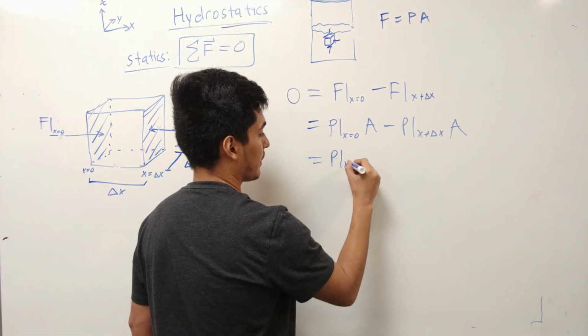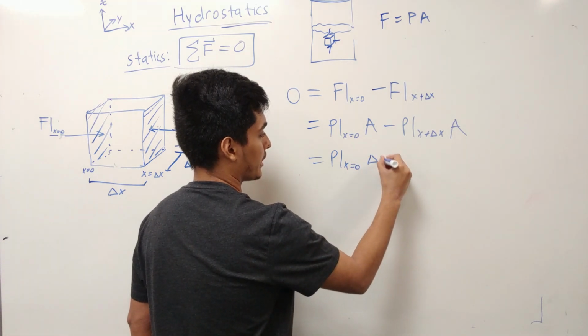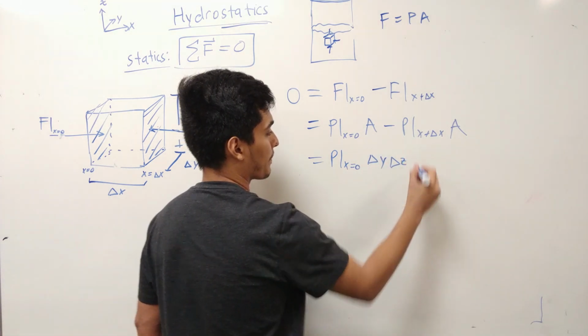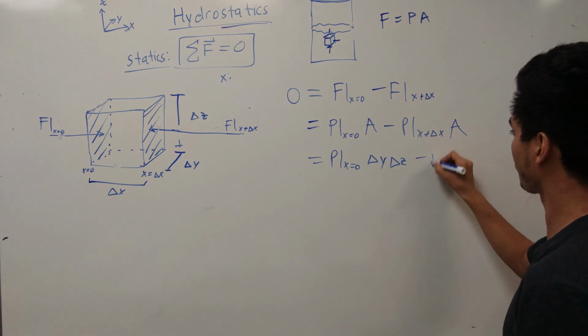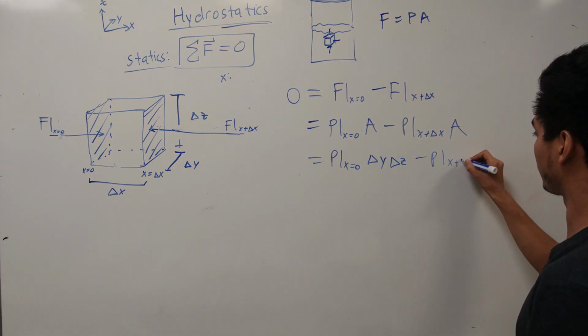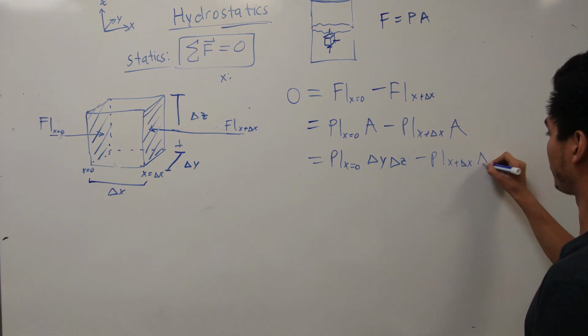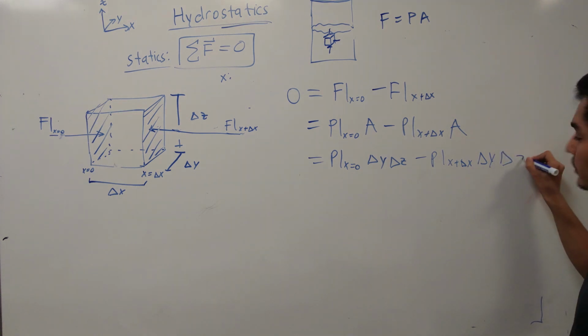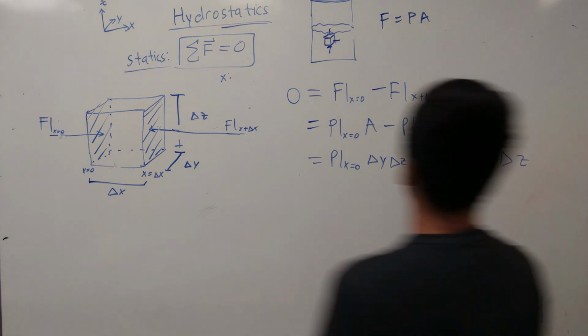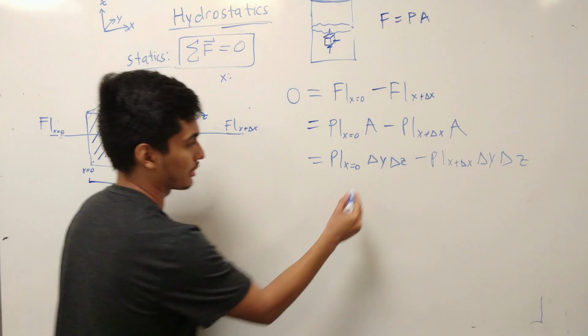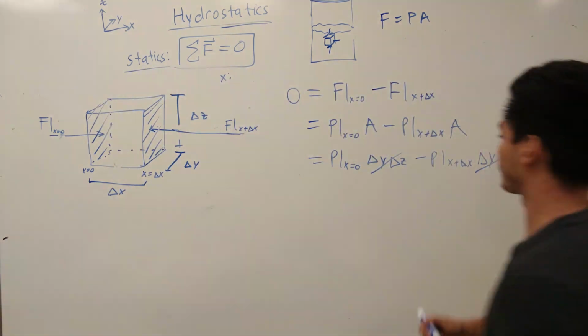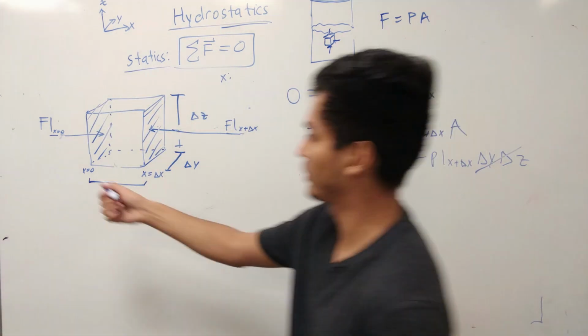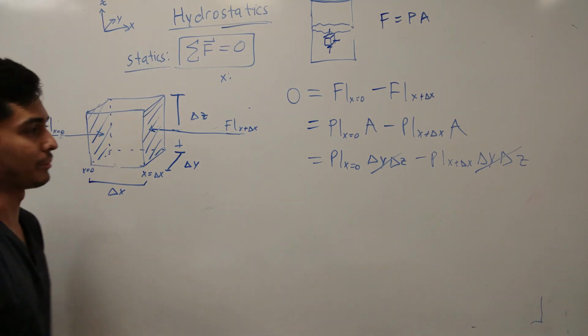Pressure is going to be delta y times delta z minus the pressure at x plus delta x times delta y times delta z. Great, hope you can see that. And look, you can cancel these terms. I don't even have to move it over. You can see that the pressures and the forces are the same.